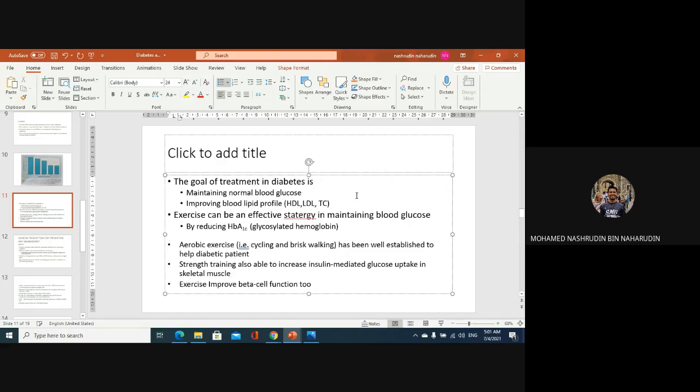So it will give you multiple effects. These are the things that you can explain to your patient and make them know. Usually by doing exercise, you gain many benefits.